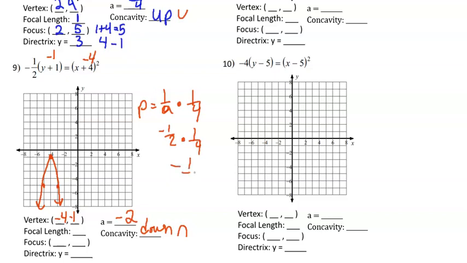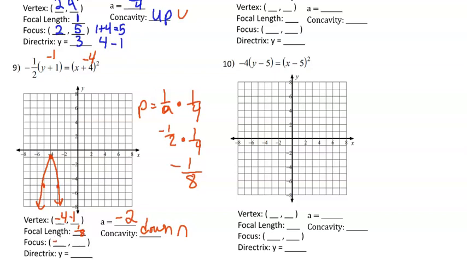That would be -1 over 8. It's talking about length here, so you could just put positive 1/8. But it could also help you to know that it's negative for finding the focus and directrix.